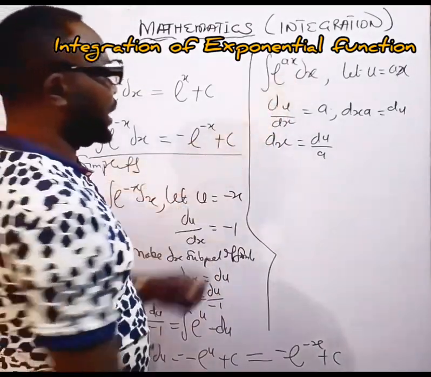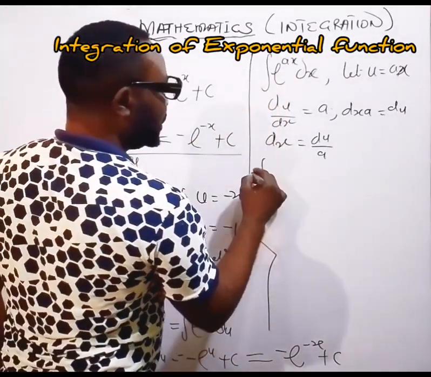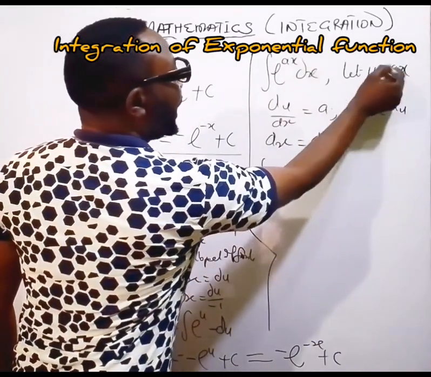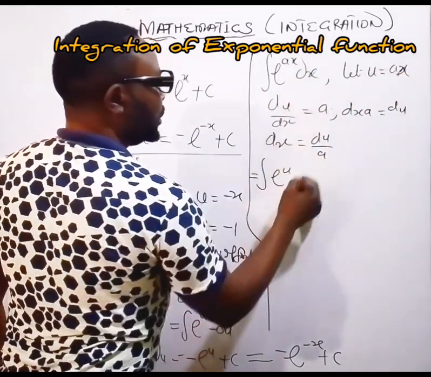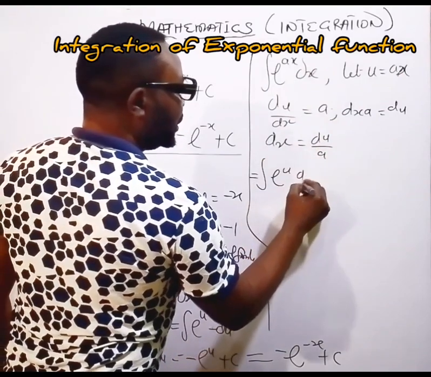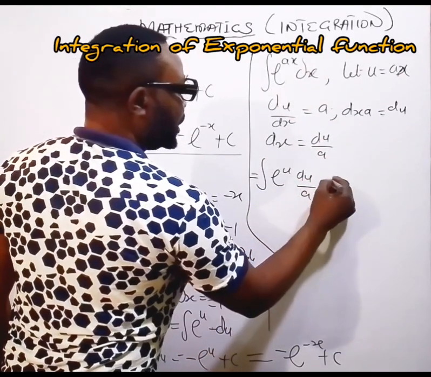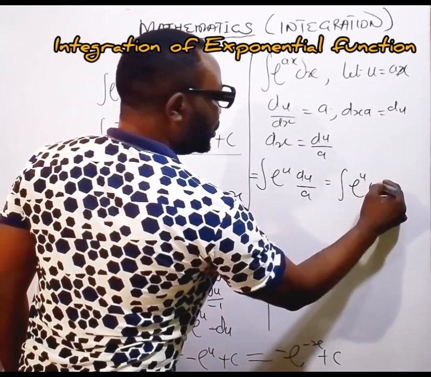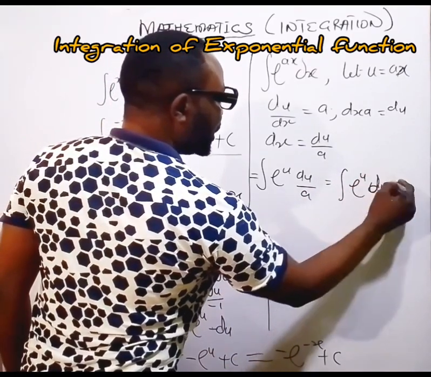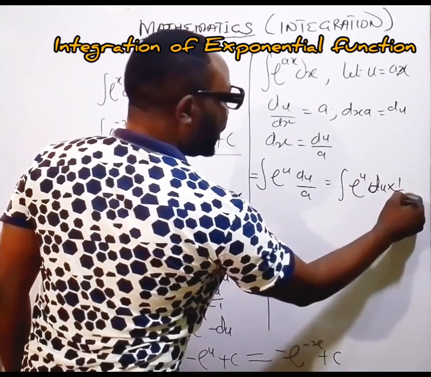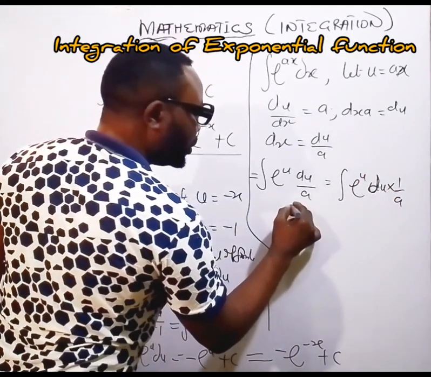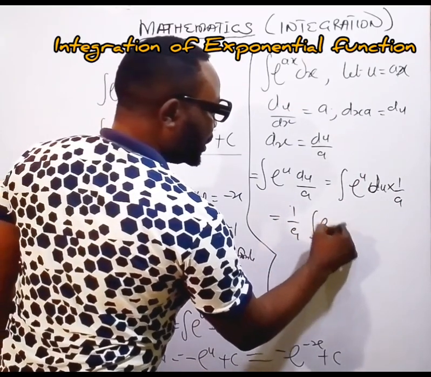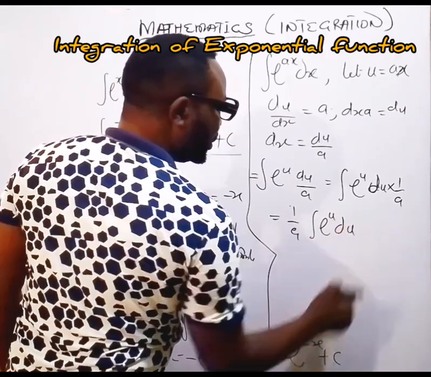Now coming back here, we have represented ax by u. What is the value of dx here? du over a, which is the same thing as exponential u du multiplied by 1 over a, which is going to be equal to 1 over a exponential u du.